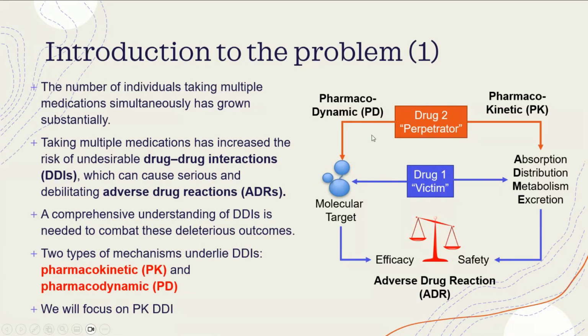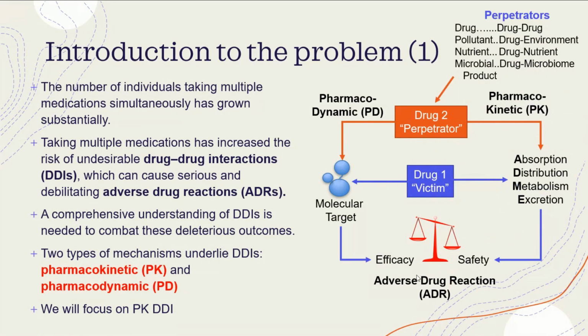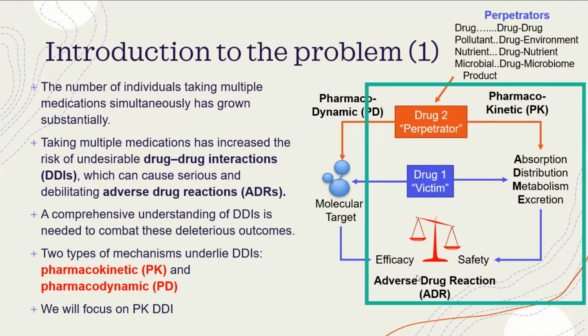And another route would be for your drug of interest affecting the victim drug by changing its absorption, distribution, metabolism, and excretion. So we call these pharmacodynamic and pharmacokinetic drug-drug interactions, and we're tipping the balance between efficacy and safety. We're going to spend most of our time talking about this pharmacokinetic end, and we're going to be talking about it on the drug-drug interaction stage.